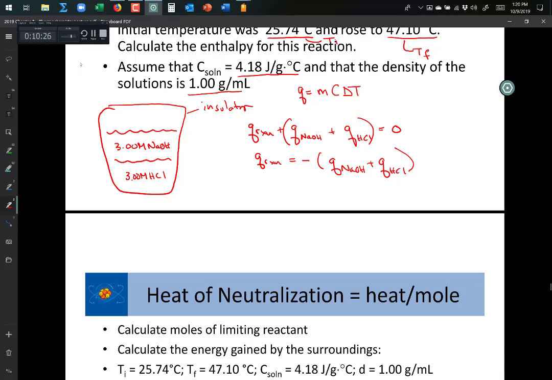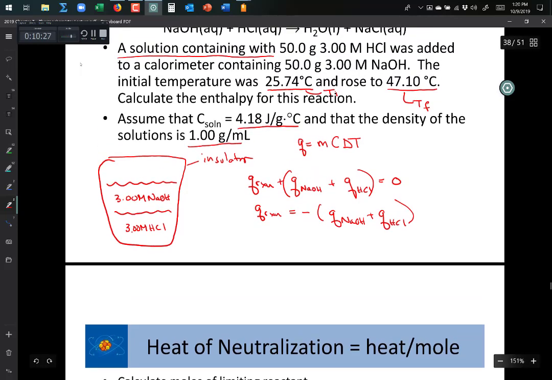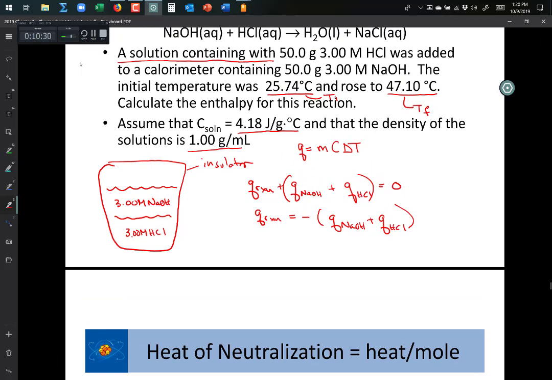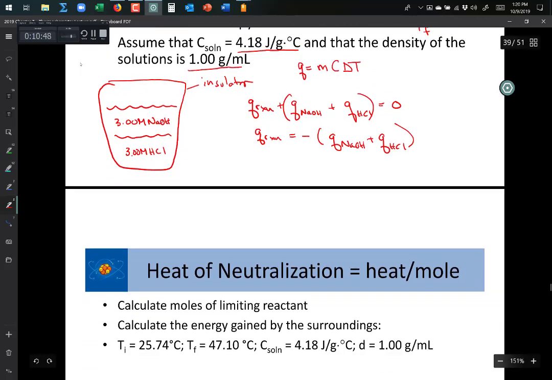Right. So a lot of times you'll see these problems given with 50 milliliters of this, and typically when I have students do calorimetry problems, I just avoid the measuring of volumes. Just tell them just go weigh it, add it to a cup, weigh it, add it to a cup, and that seems to be a lot easier. Okay.